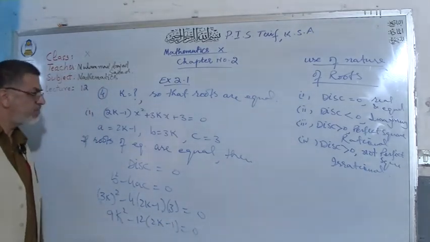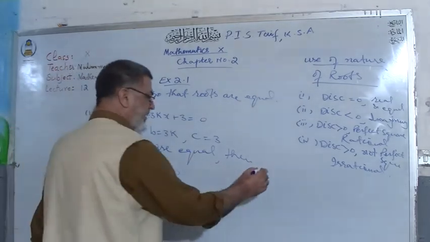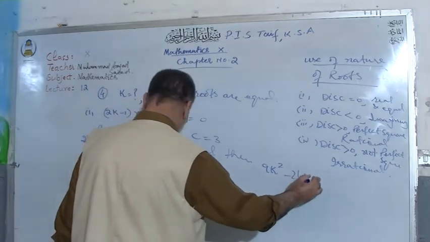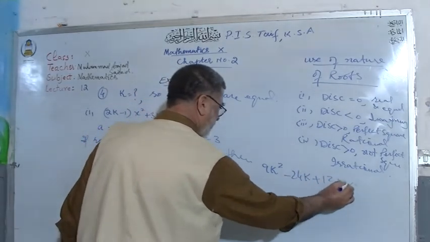Write down here 9k square minus 24k plus 12 is equal to 0.